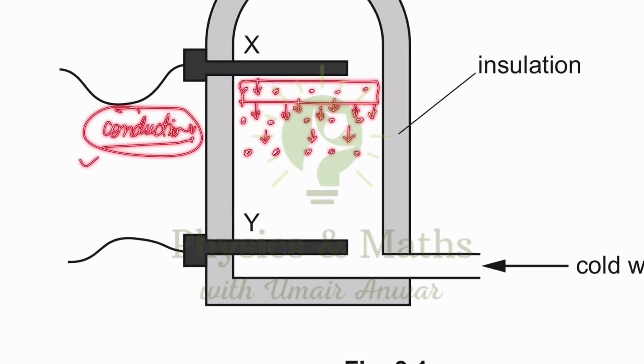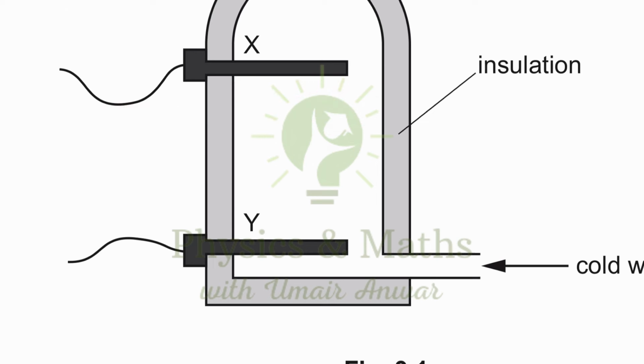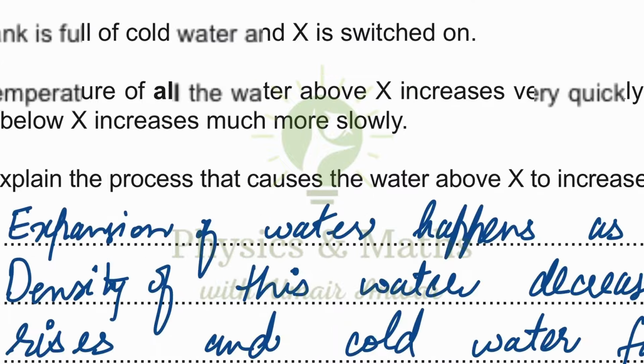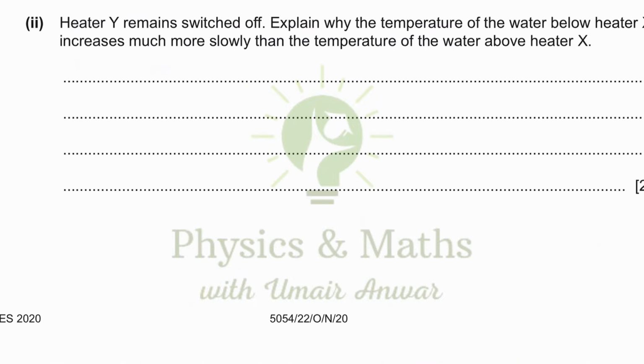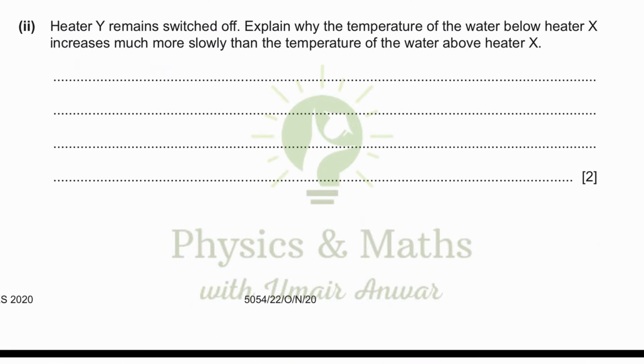And the process of conduction is very inefficient in liquids, since there are relatively larger gaps in liquids than solids, and the particles are not efficiently connected with the other particles. So the process of conduction is inefficient. The heat transfer takes place very inefficiently or slowly. So this is what we have to explain here, and there are 2 marks for this answer.